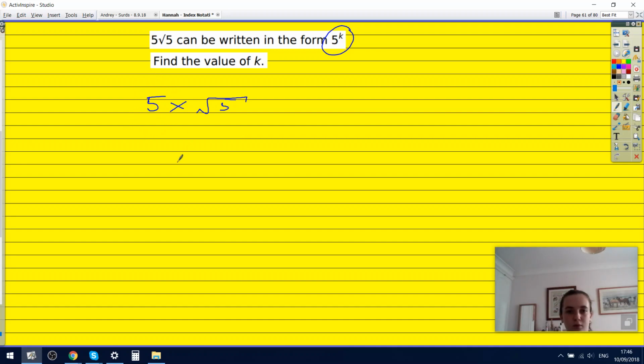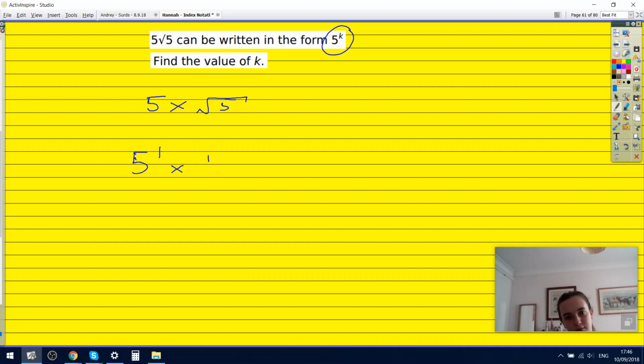So 5 by itself is? 20, no wait. So 5, just 5? So 5 by itself is the same as 5 to the power of what? 1. And the square root of 5?